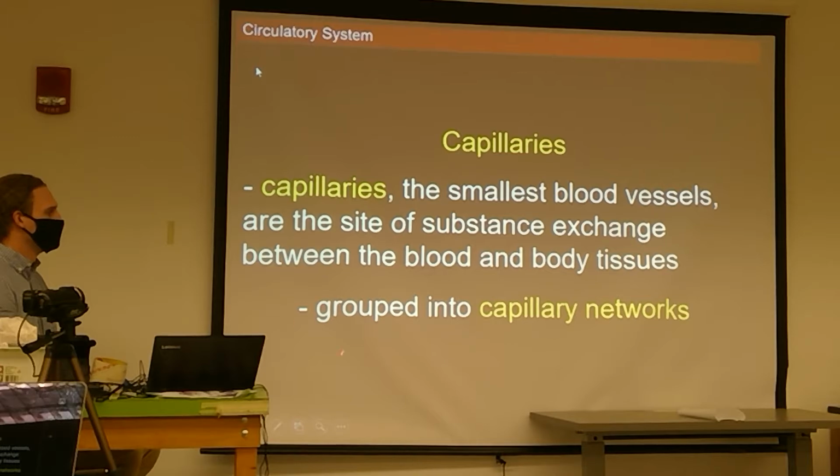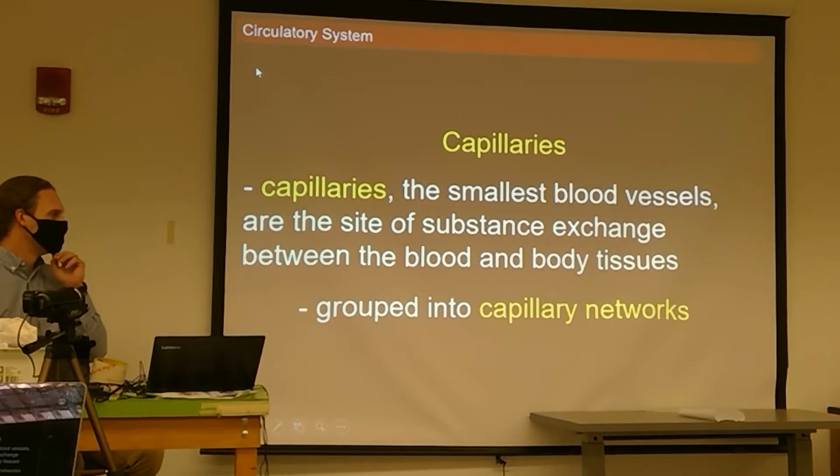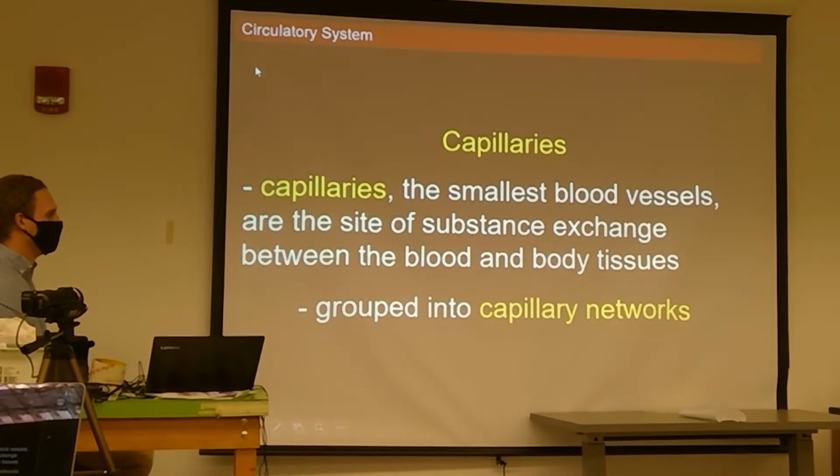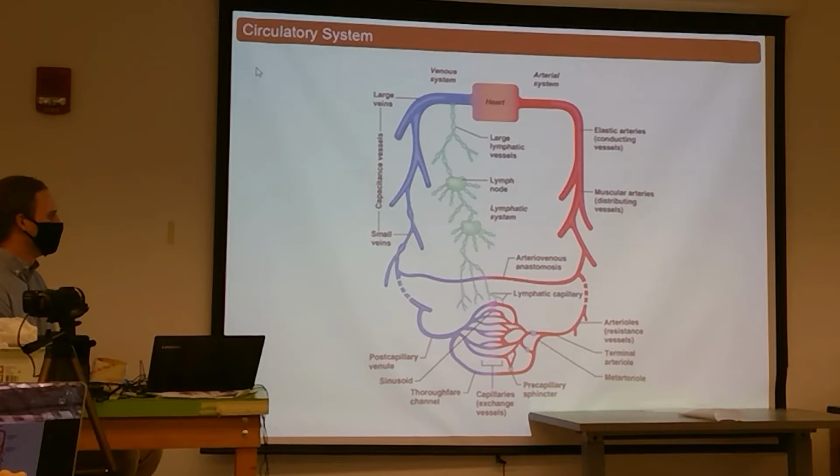When they're grouped together, they're called capillary networks, or there's another term for them, which is the capillary bed. So if somebody says capillary bed, it's the same thing as a capillary network. This structure here, where it has a lot of capillaries, would be that capillary network, the capillary bed that I'm talking about here.